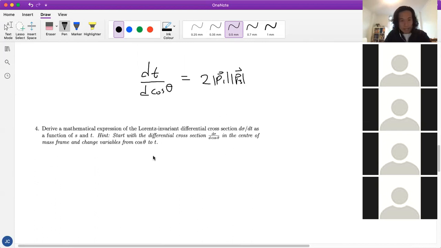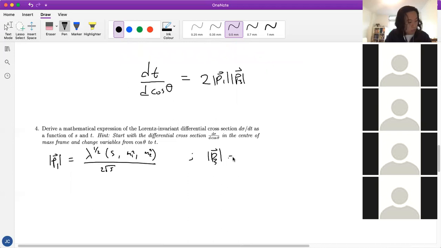Then, recall that we showed from the energy momentum relations that p1 is equal to the Källén function lambda of s, m1 squared, m2 squared in general, over 2 root s. And last week we also showed the other one, which is p3, using the exact same procedure but plugging in the final state particles instead of the initial state particles.